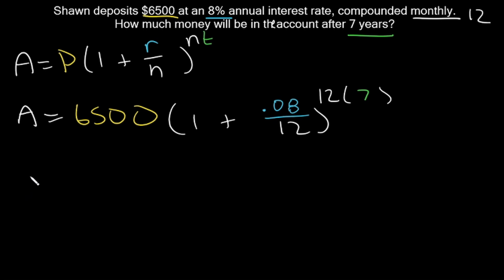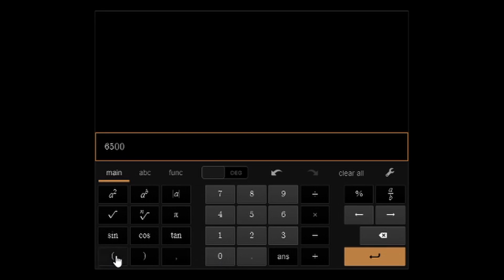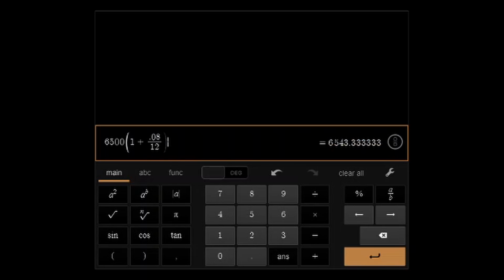So let's see if we can simplify this a little bit before we put it into our calculator. 12 times 7 is going to be 84, and I don't think we can do any more simplification here, so let's go to the calculator and plug this in. 6,500 multiplied by 1 plus 0.08 divided by 12.